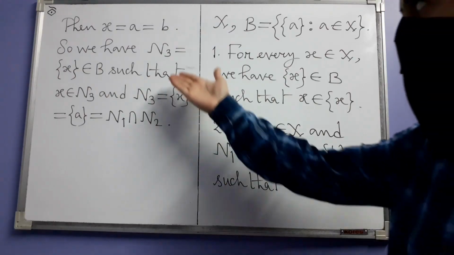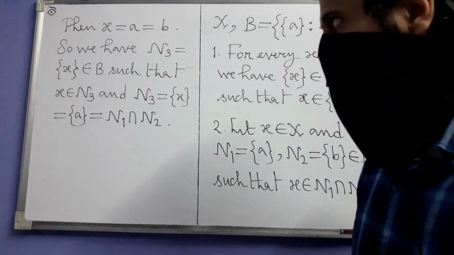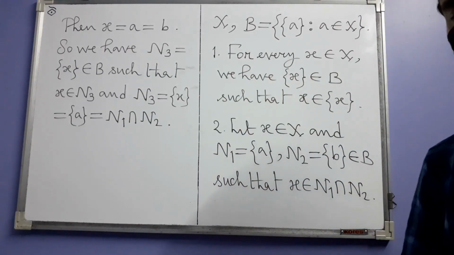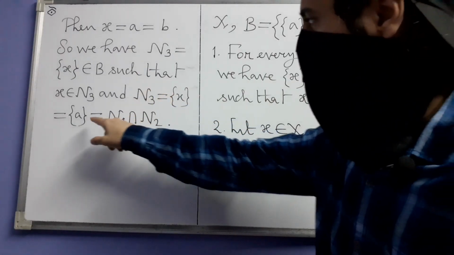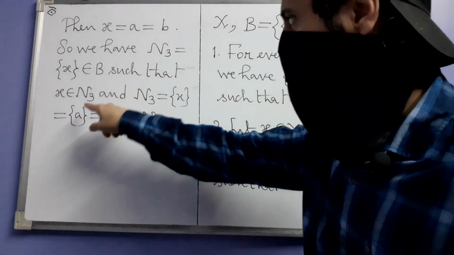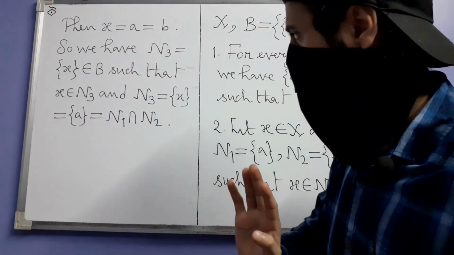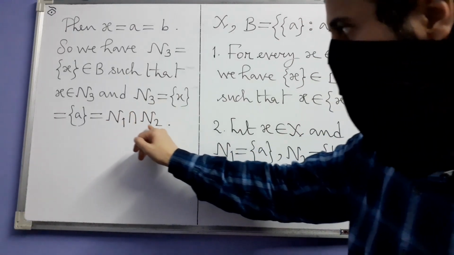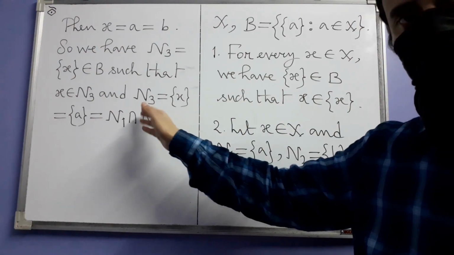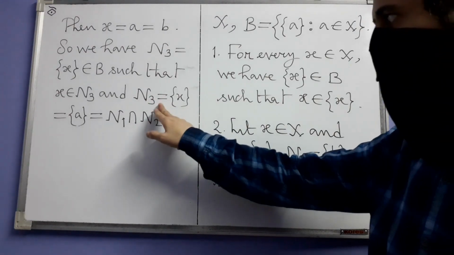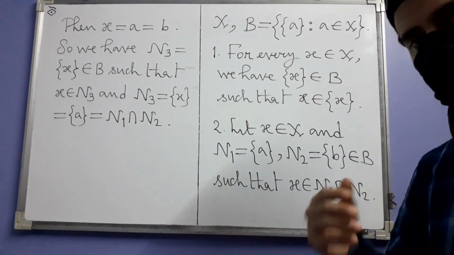But then we have this other basis element N3 consisting of that only element X in B, such that X belongs to N3, of course, and N3 is not just contained in this intersection, but it's actually equal to this intersection, because in this case N3, N1 and N2 are same.